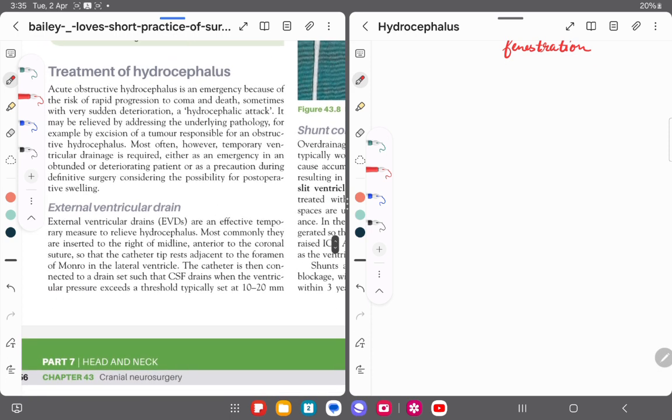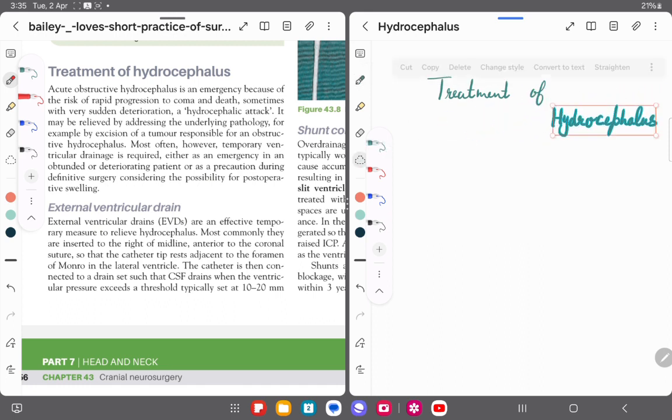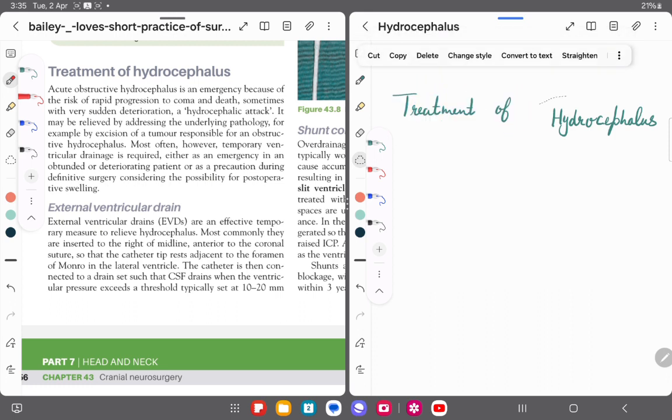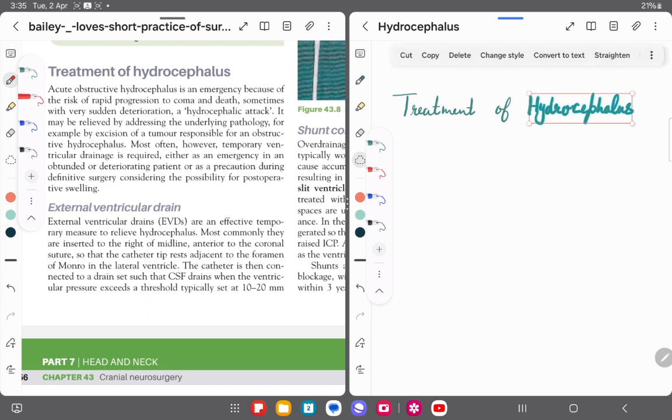Now, treatment of hydrocephalus. So, acute obstructive hydrocephalus is an emergency because of the risk of rapid progression to coma and death, sometimes with very sudden deterioration.